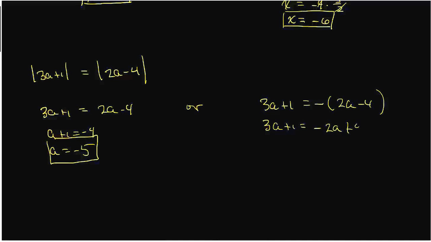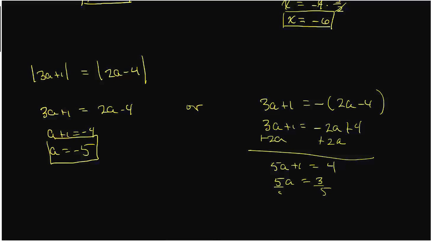Here we get to add 2a to both sides, because we can only have a's on one side. So we're going to have 5a plus 1 equals 4, or 5a equals 3. Dividing both sides by 5, a must be 3/5. As you can see, we got two solutions, and of course, always double check your answers by substitution.